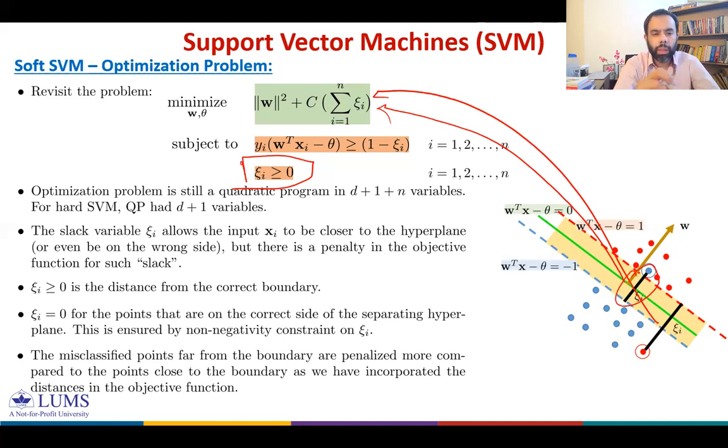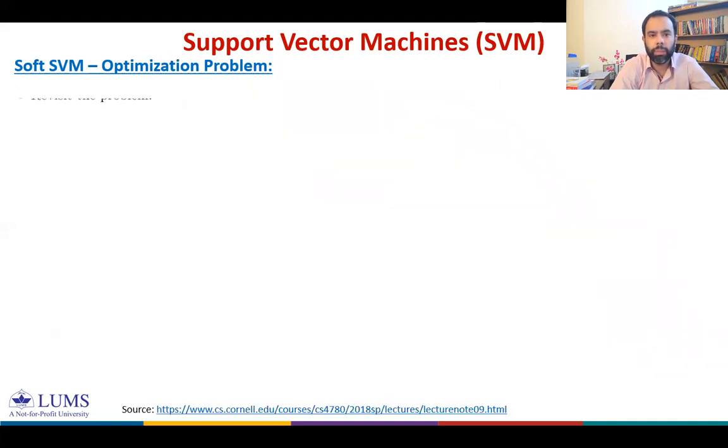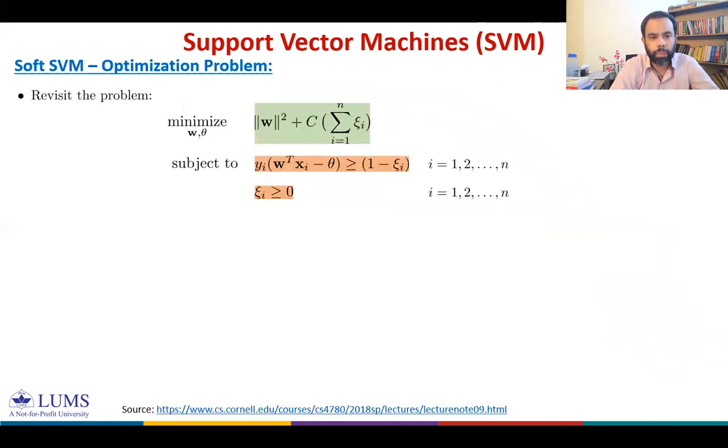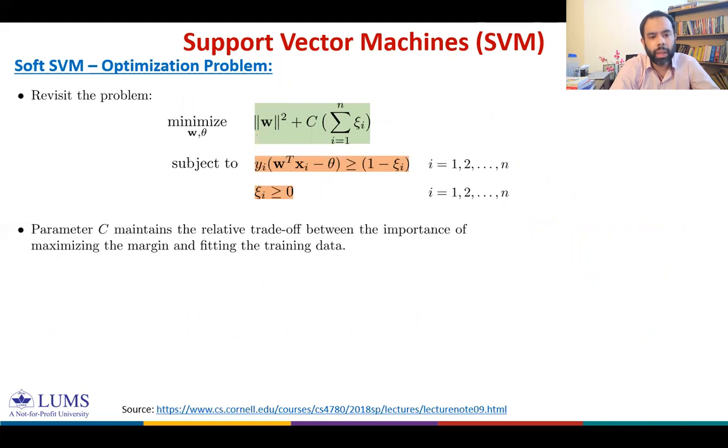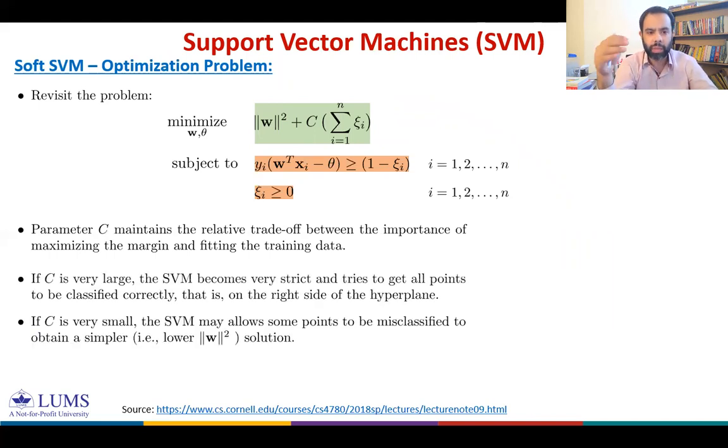Let's talk very briefly about this parameter C. This parameter C maintains the trade-off between the importance of maximizing the margin and fitting the training data. My apologies. Right? If C is large, the SVM becomes very strict and tries to get all points to be classified correctly.